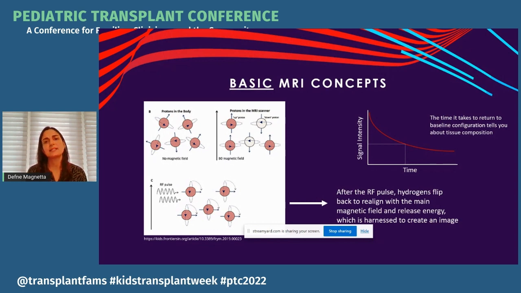The time that it takes for each of these protons to return to that baseline configuration where they're aligned to the magnet tells you about the tissue composition that you're looking at, which is really interesting. And so that can be measured here, as you can see, as a signal intensity over time, or a relaxation time. And those are the things that we're looking at with an MRI to see if they change with rejection.